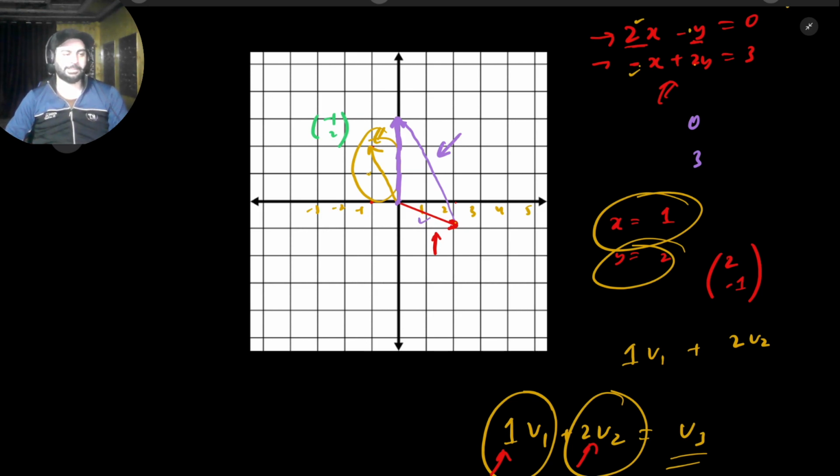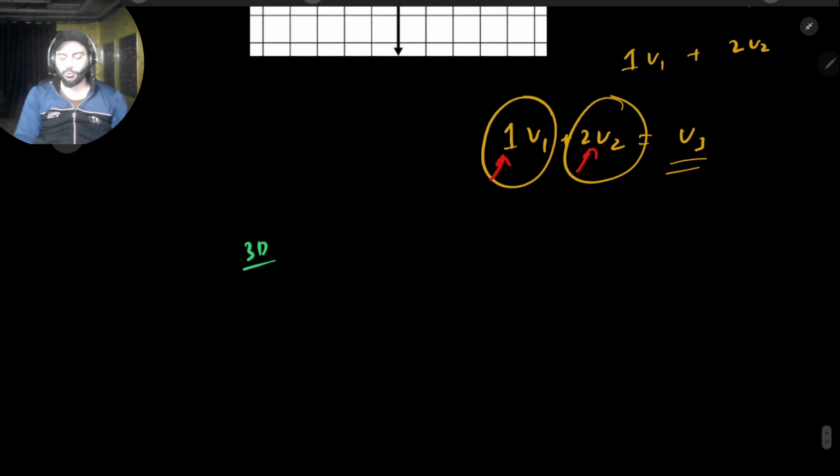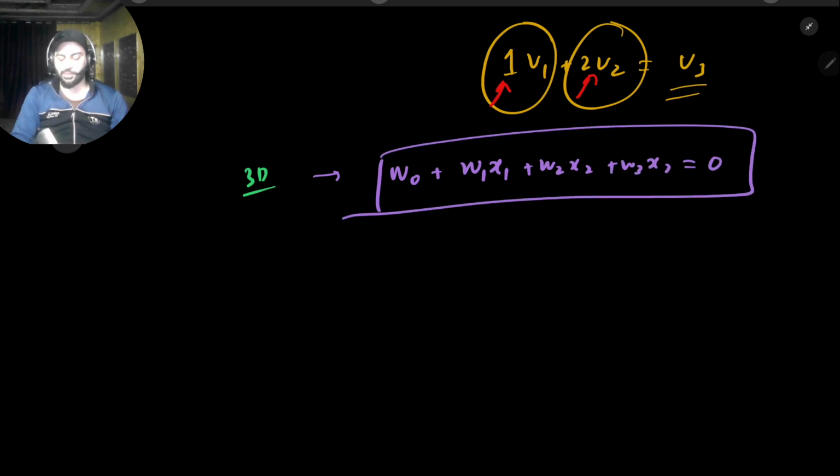Yes, sir. Nice. We can do the same in 3D. If you want to do a similar thing in 3D, you know that in 3D the equation of a line becomes a plane. You saw the equation of a plane is w0 plus w1 x1 plus w2 x2 plus w3 x3 is equal to 0. Now here we have three unknowns and we have three equations.